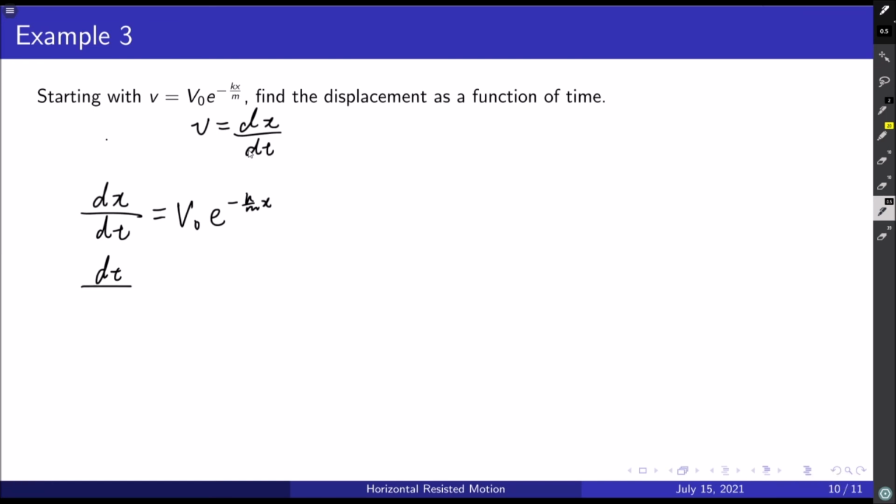So we end up with dx equals 1 over v, but 1 over this becomes e to the k over m x, because 1 over this becomes positive, and then v gets sent to the bottom.